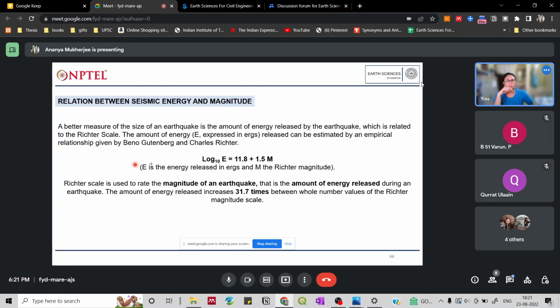Due to the nature of the relation, suppose we are talking about a magnitude 5, and then a magnitude 6. It is increasing by only 1 in terms of the scale, but the energy is much bigger. It amplifies. We know that it is almost 31 or 32 times the lower magnitude earthquake.